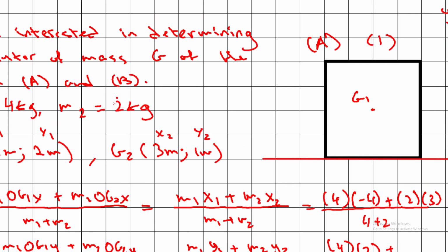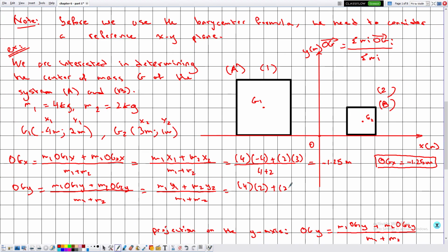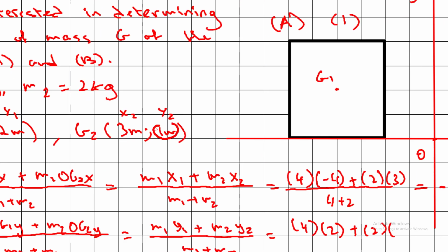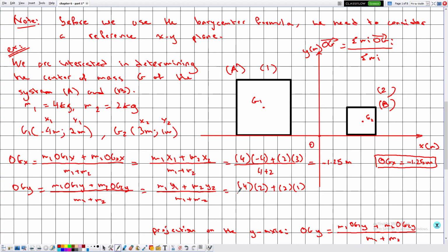The value of m2 is 2. The value of y2 is 1, divided by 4 plus 2. Plugging this fraction on the calculator, the value of OGy is almost 1.67 meters. Then OGy is equal to 1.67 meters.